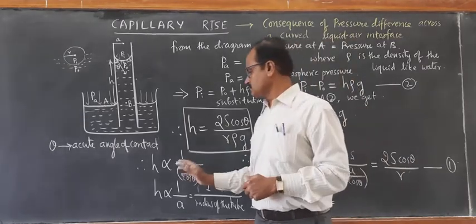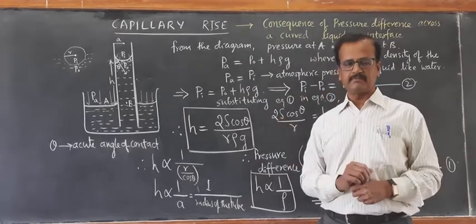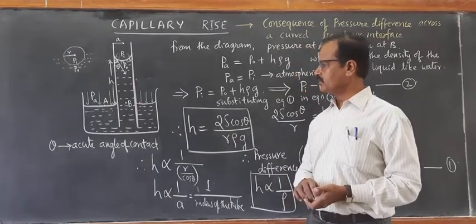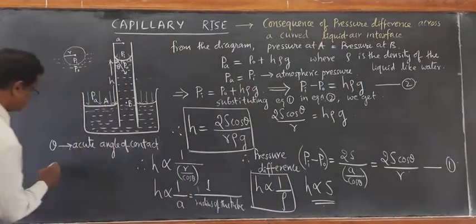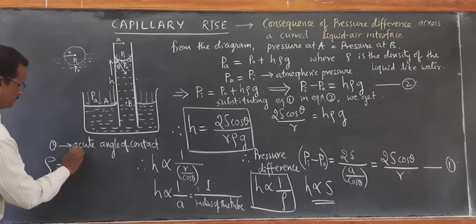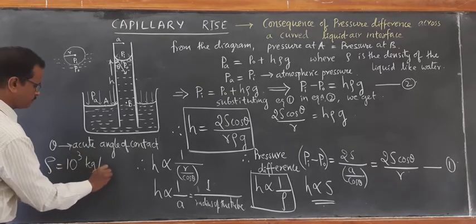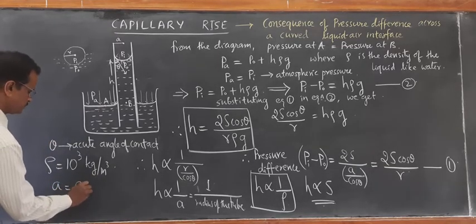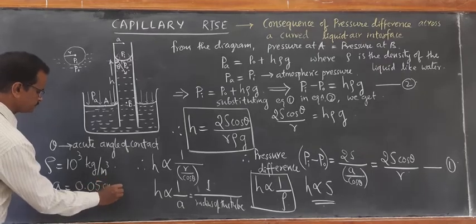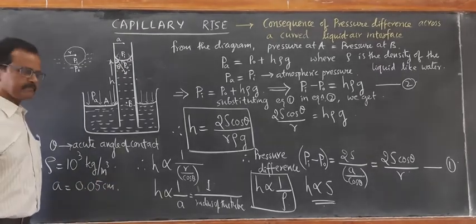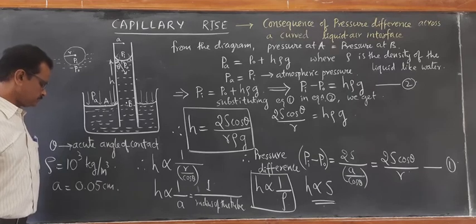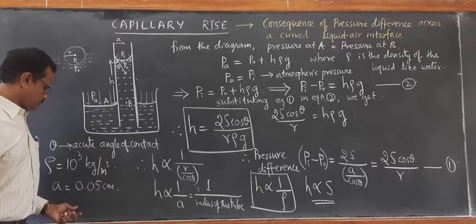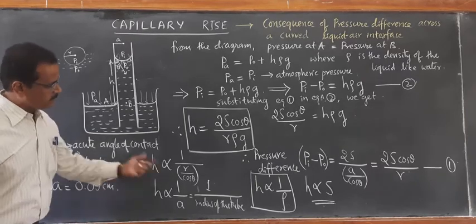Okay. Now let us see one simple example, for example of water. We know the density of water, 10 raised to 3 kg per meter cube. Suppose the radius of the tube is 0.05 centimeter. Then what is the capillary rise?